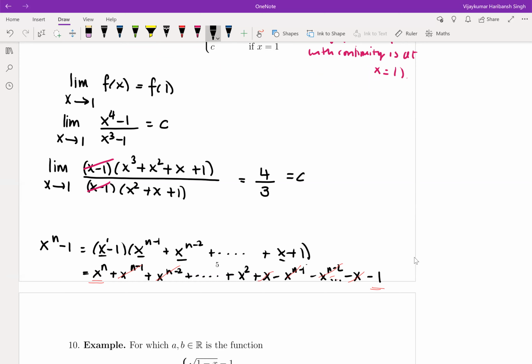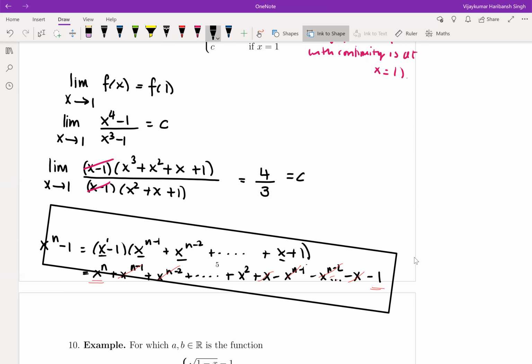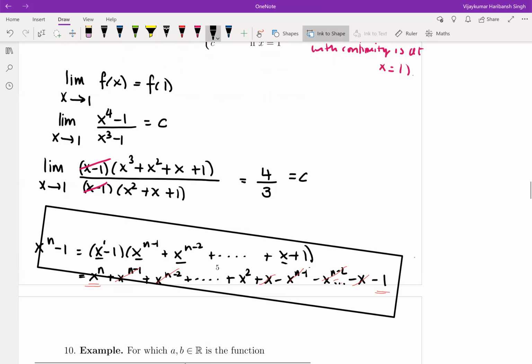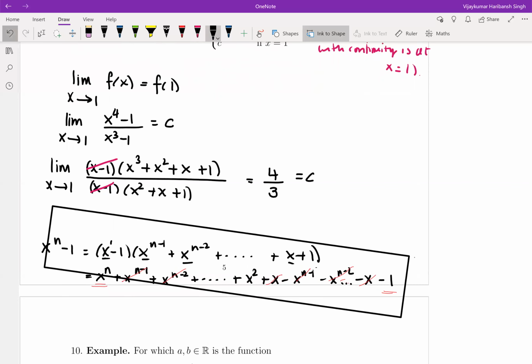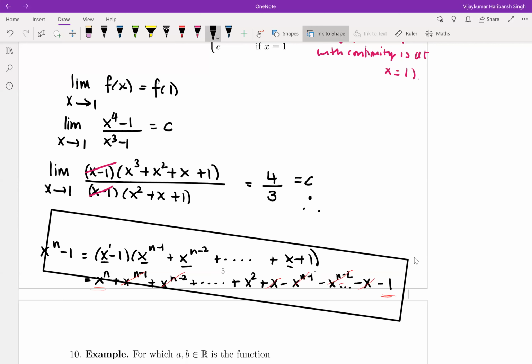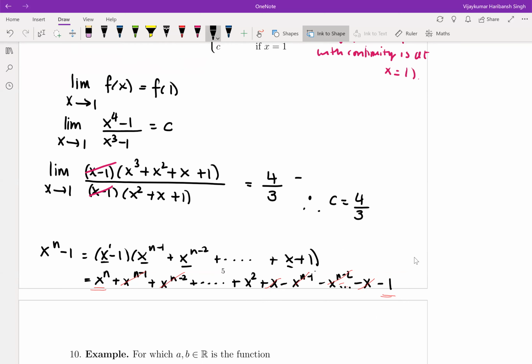So therefore, what do we get? Therefore, C equals 4 by 3 makes F continuous for all x.